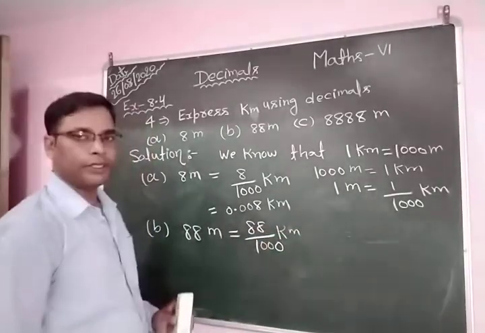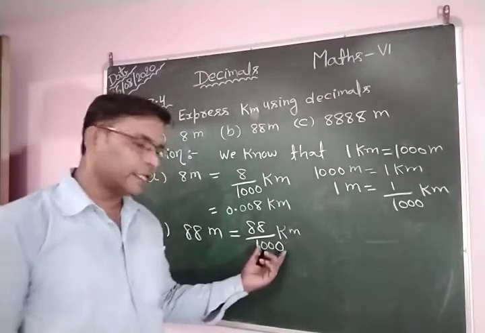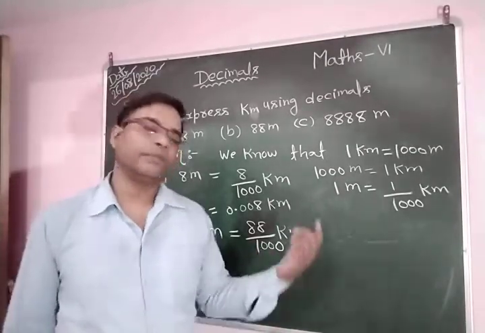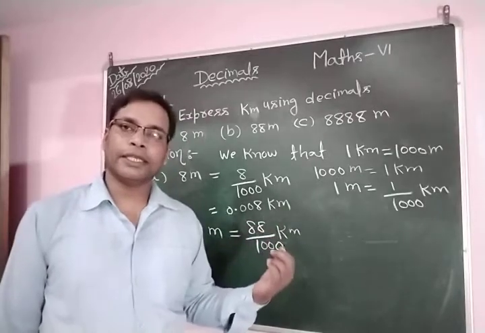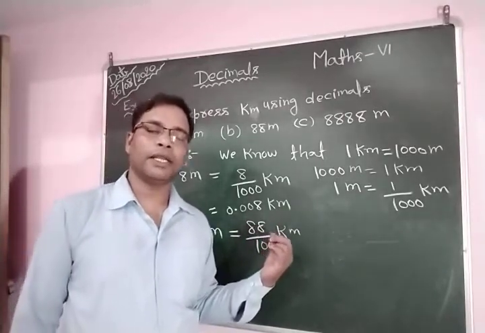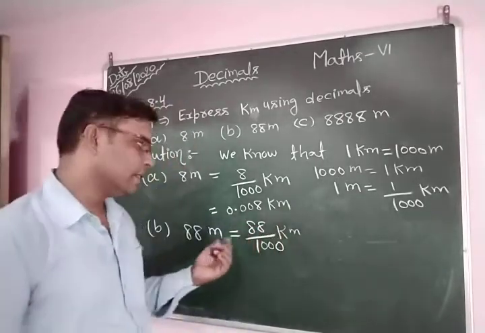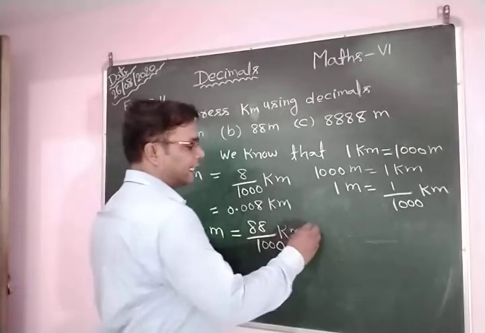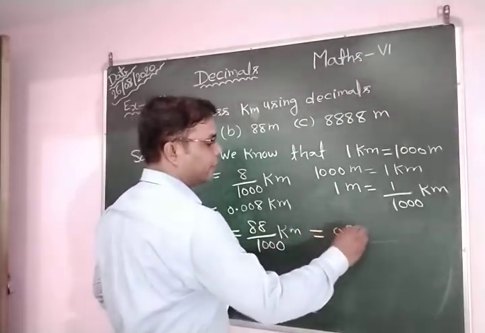88 by 1000 kilometers. Here in the denominator we have 3 zeros, but the numerator has 2 digits. The decimal moves from right to left by 3 digits. So we can write it as 088.